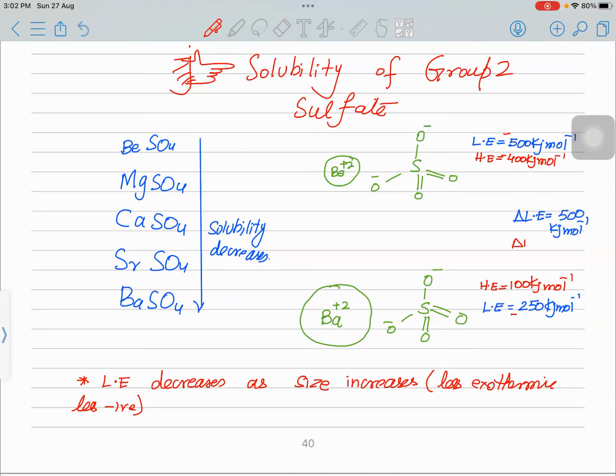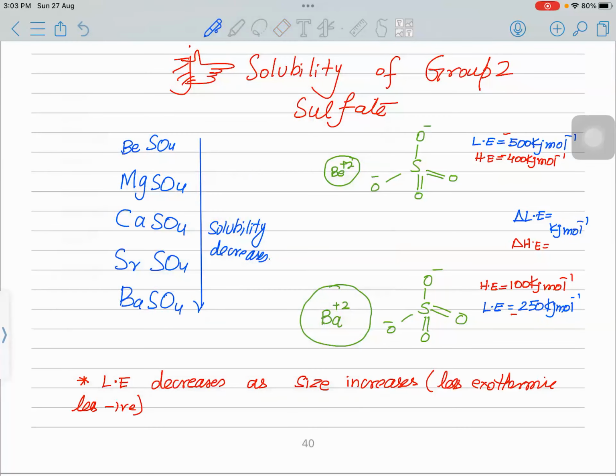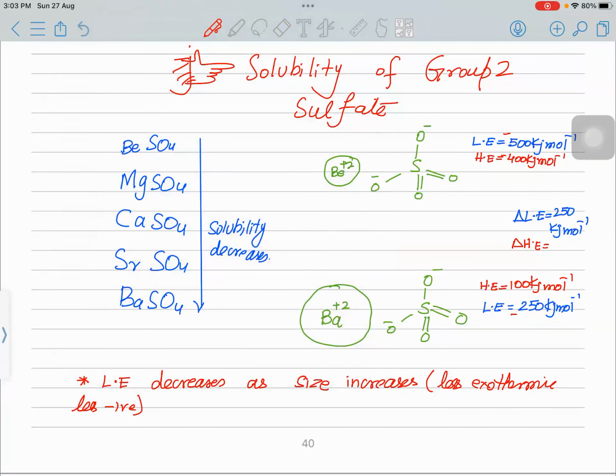Now, can you tell me the difference of the hydration energy? Sir, 300. Here lattice energy difference is 250, but hydration energy difference is 300 kilojoule per mole. So which one decreases more?